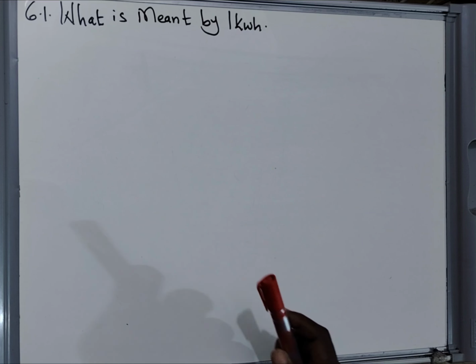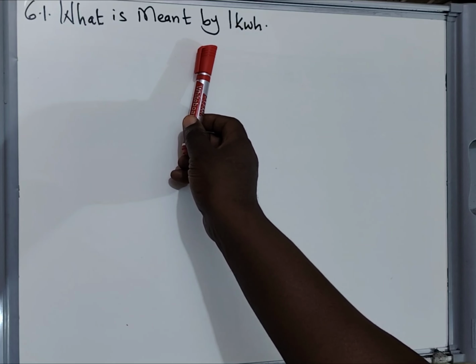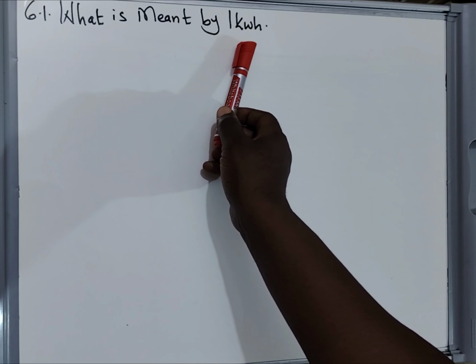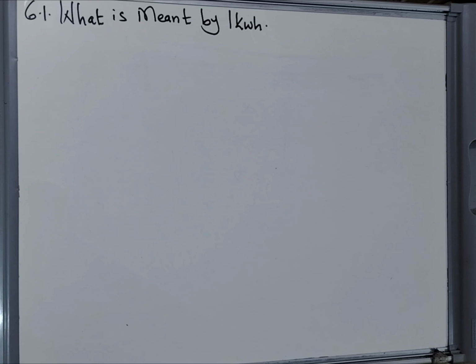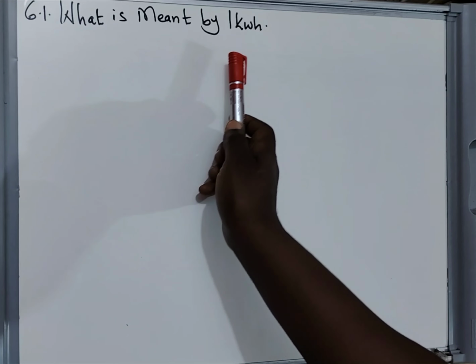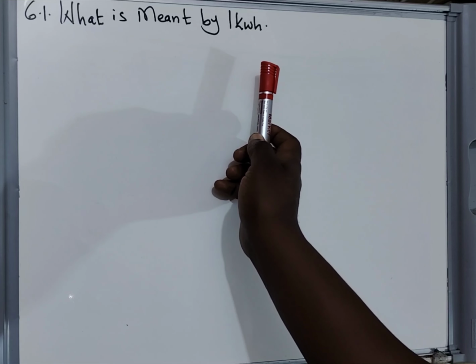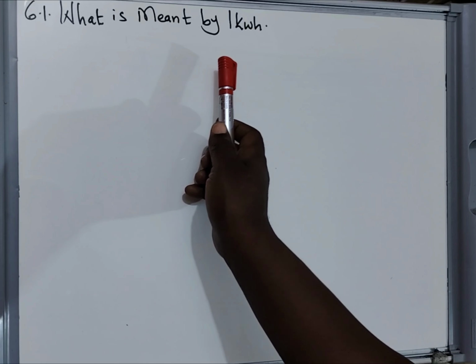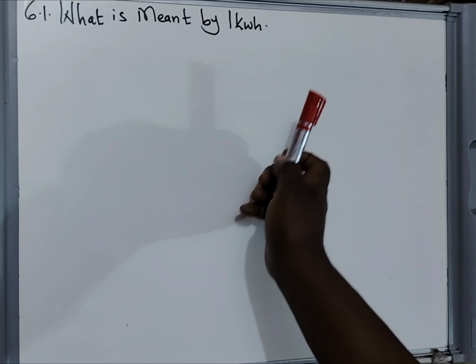Okay. Then the question says, what is meant by 1 kilowatt hour? What does it mean? 1 kilowatt hour is the amount of energy consumed by a device with a power of 1 kilowatt in a period of 1 hour.